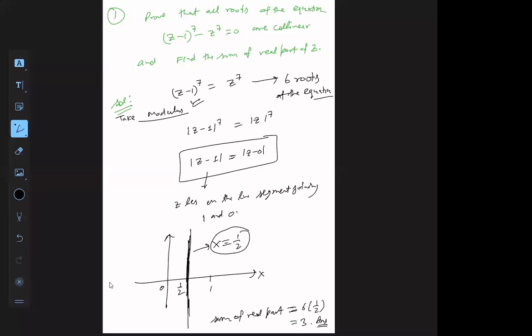So basically distance of z from origin and 1 are equal, it means z will lie on the perpendicular bisector of the line segment joining 1 and origin. तो सबके सब कहाँ पे लाई करेंगे? वर्टिकल लाइन में, x इक्वल टू हाफ वाले लाइन पे ही सबके सब रूट लाई करेंगे.